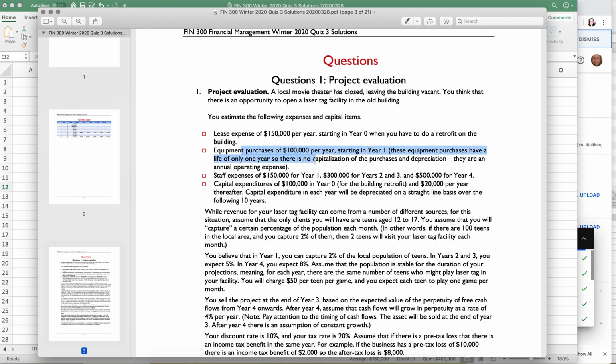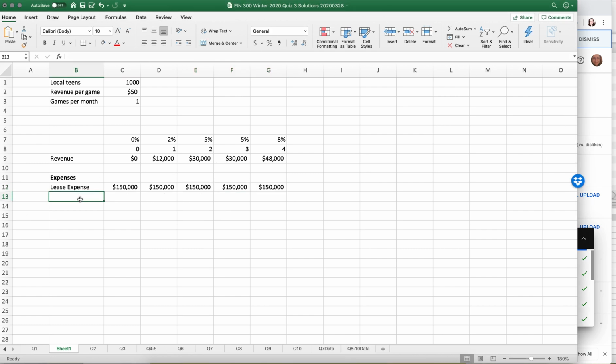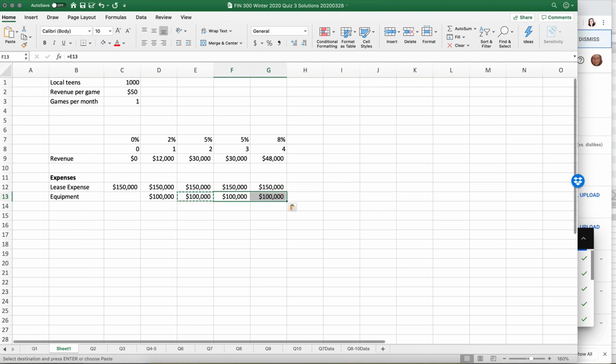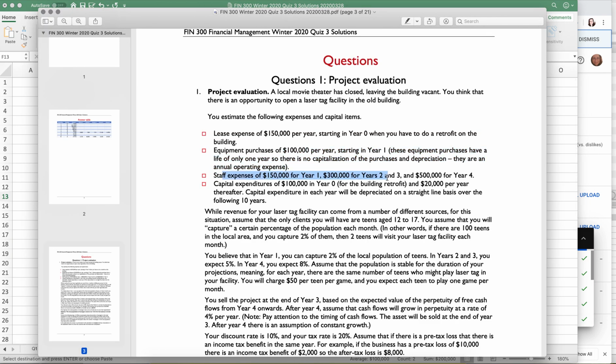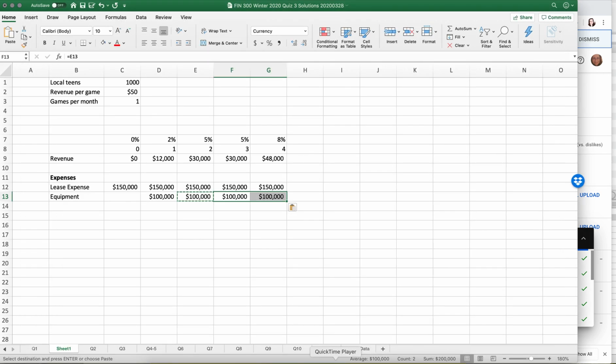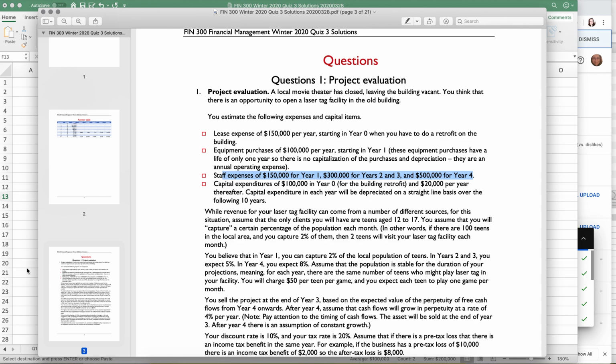Equipment purchases of $100,000 in year 1, and these are not considered CapEx, so they only last for 1 year. Staff expenses of $150,000 for year 1, $300,000 in 2 and 3, and $500,000 for year 4. Okay, I've already forgotten those numbers. $150,000, $300,000, $500,000.